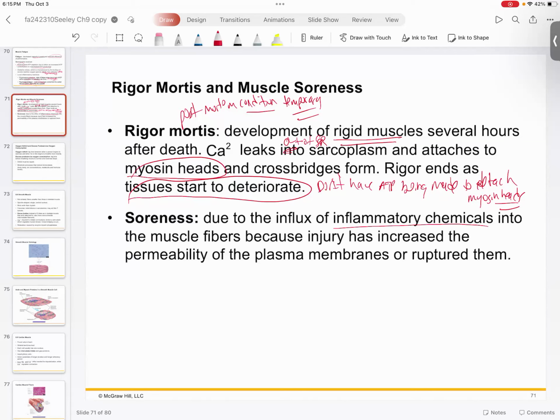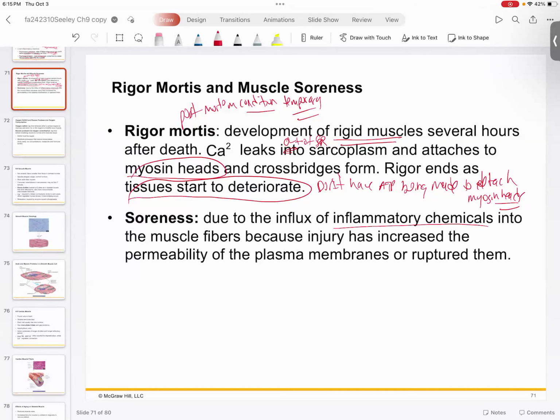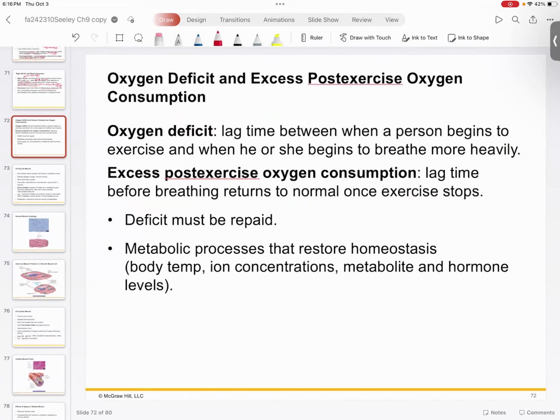So essentially, it's like an inflammation response. So a little bit of soreness is okay. You can recover from that, but a lot of soreness is not, right? So that's just basically inflammation of your muscle fibers as they're trying to reconstitute themselves from having been ruptured, at least in terms of the plasma membranes themselves.